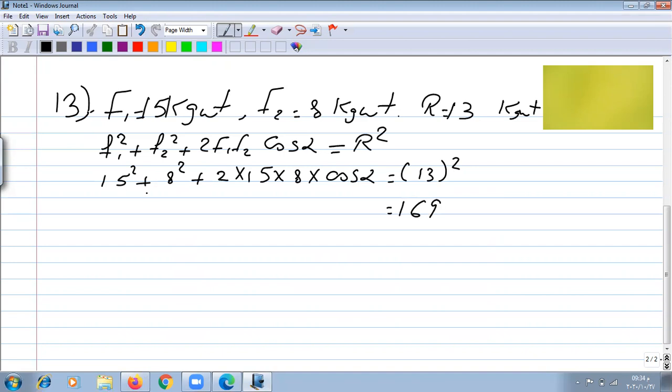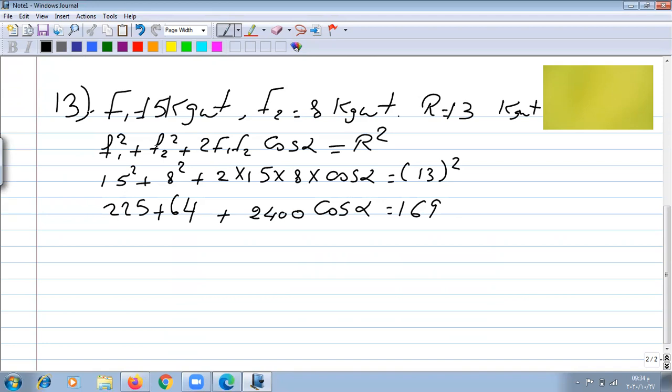169 equals 225 plus 64 plus 2 times 15 equals 30, 30 times 8 equals 240. Let's check it using the calculator. 240, yes.